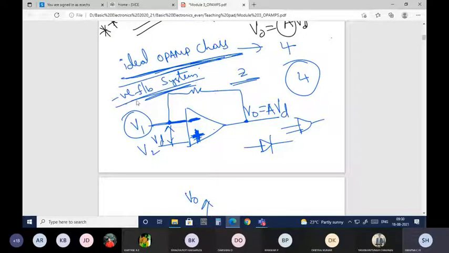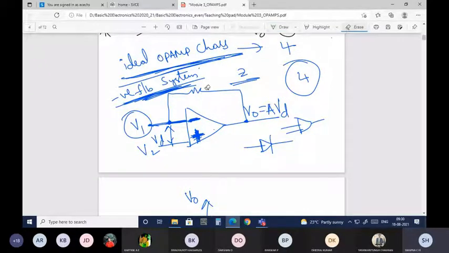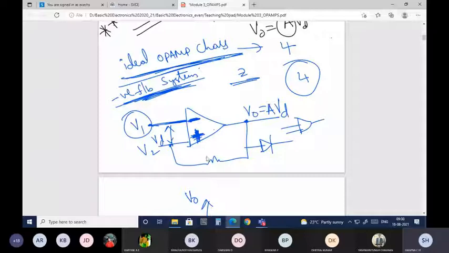Both this input V1 and whatever is fed back will get subtracted. Since it is getting subtracted, we call it negative feedback. In the other way, if you give it to the non-inverting terminal, both will be in phase and both will get added. That is the reason we call it positive feedback.